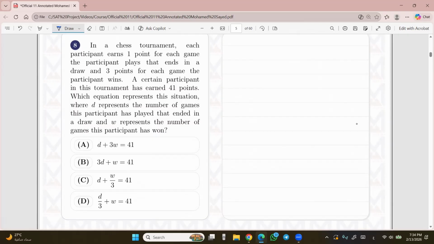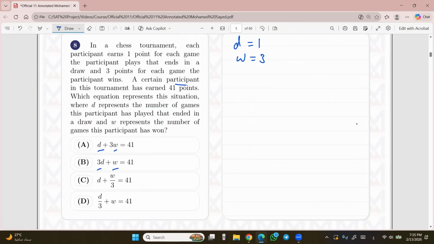You know that the team who wins takes 3 points, for example, in the local league or in the Champions League, and if the person had a draw, he takes only 1 point. So we can say that the draw is equal to 1 point, and the winning takes 3 points. And as you can see, the D and W are mentioned here.